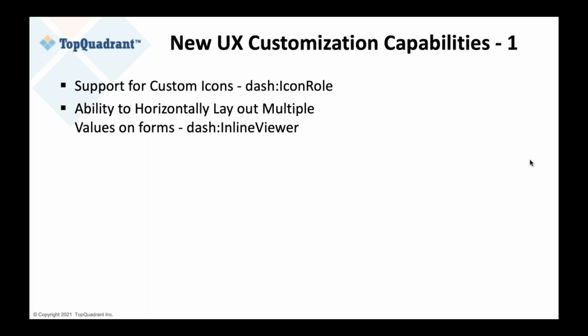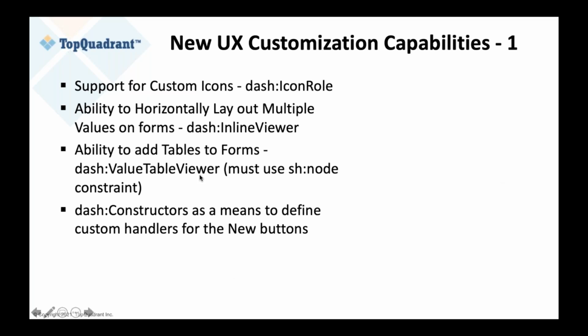There's also now ability to horizontally lay out multiple values. So if you have a property that has multiple values, prior to 7.1, each value would show on its own line, and now you're able to lay them out horizontally better using the real estate, and that's done using this dash inline viewer field.